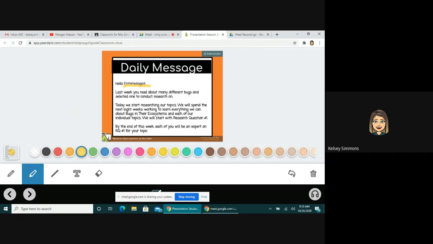We are studying bugs. So an entomologist is somebody who studies bugs. Now, the word entomologist has a suffix at the end, ologist. Ologist just means one who studies. So you are all going to become entomologists by the time we are done with our research.